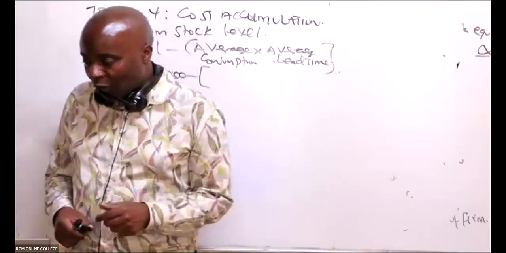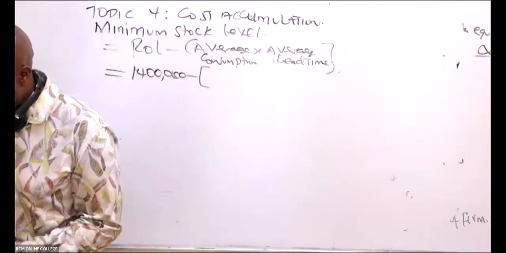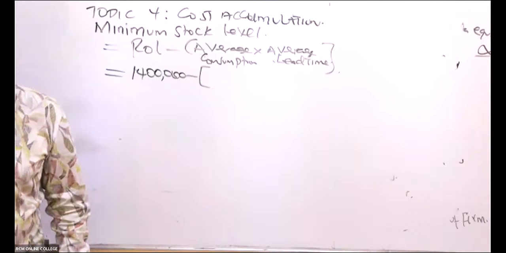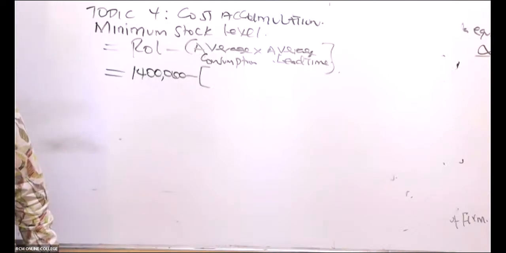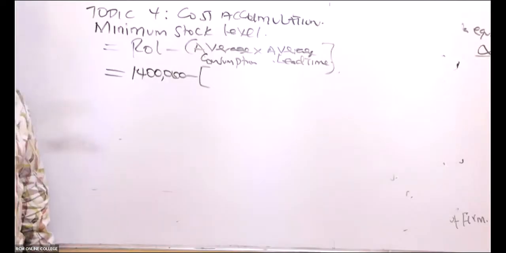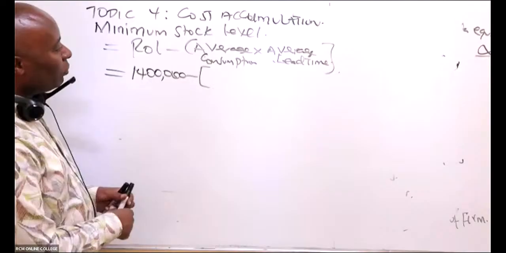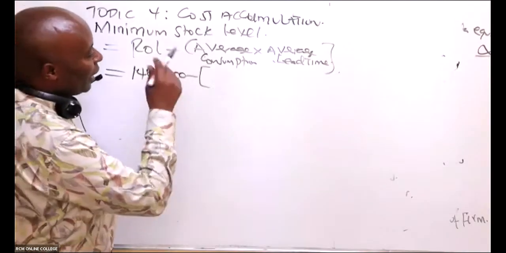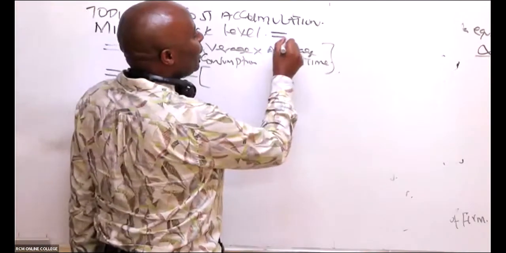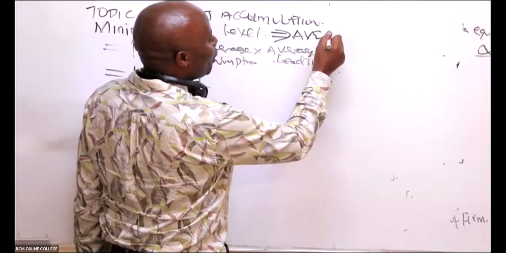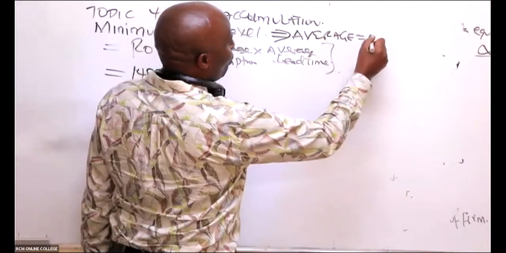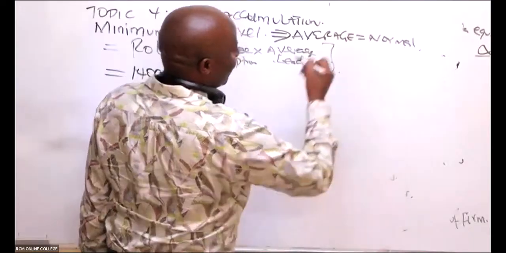It's good you brought that concept here. Which page, please? Page number 14. Average is the same as normal. Please write that somewhere because the examiner can use this interchangeably.